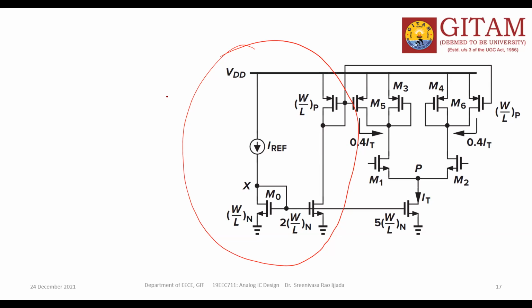But here, because this is the current mirror circuit, already we know the relation between the copying current, which is independent of the PVT variations. Understand or not?